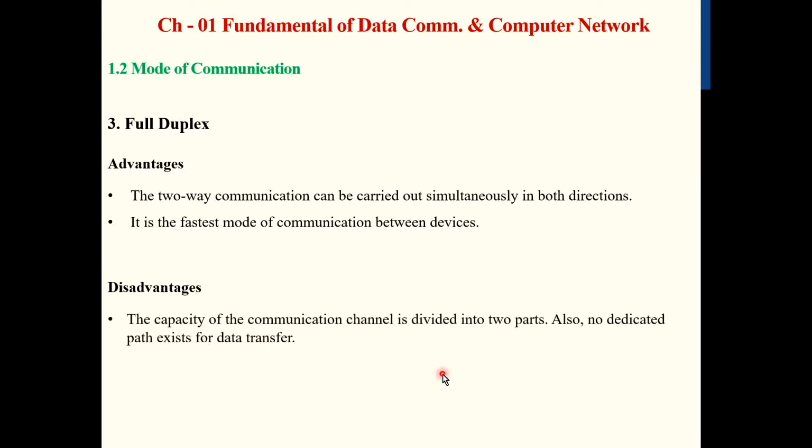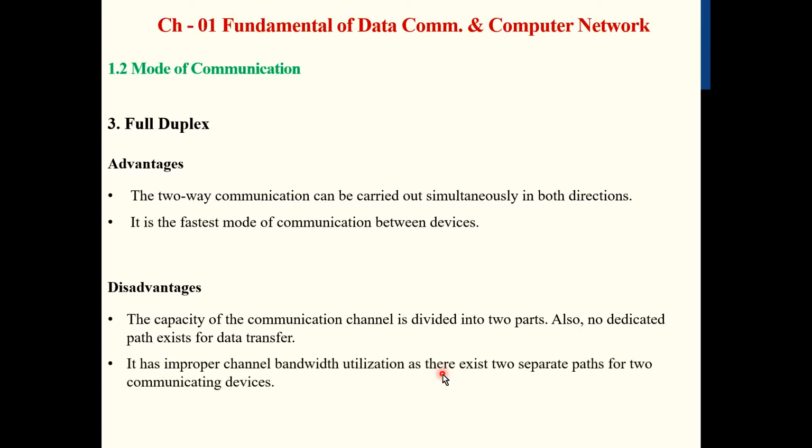The disadvantage is that the capacity of the communication channel is divided into two parts. Also, no dedicated path exists for data transfer. The second one is improper channel bandwidth utilization, as there exist two separate paths for the two communicating devices. These are some disadvantages of full duplex mode.